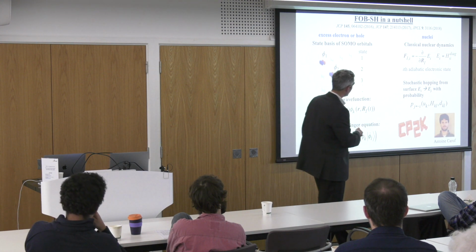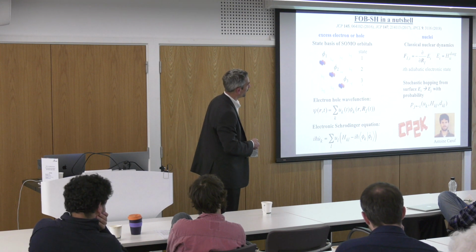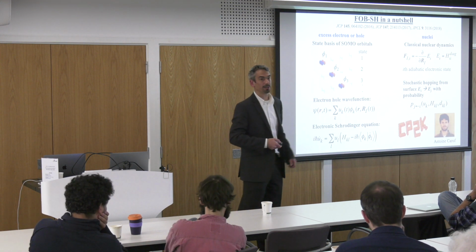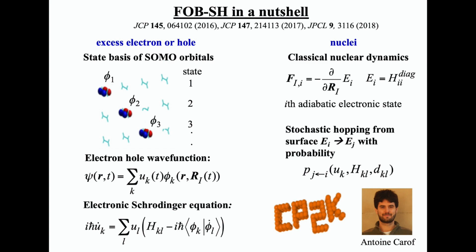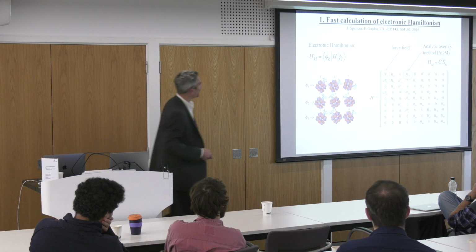So this we incorporate in the surface hopping methodology by stochastic hopping between these potential energy surfaces with a given hopping probability that was derived by, well, cannot really be derived, but suggested by Tully in 1990.